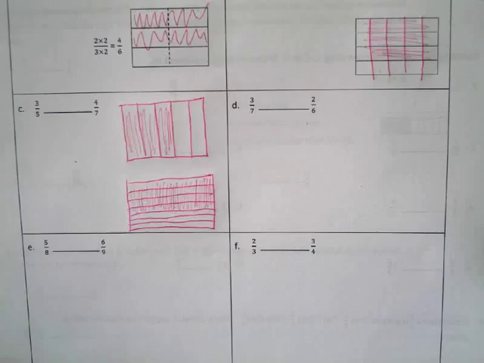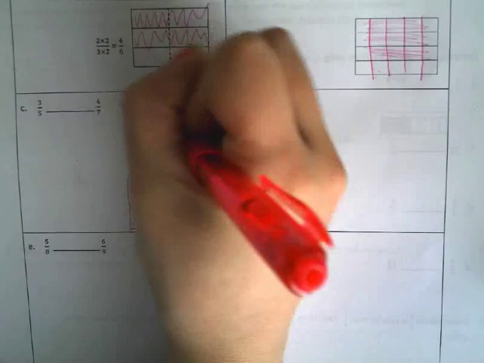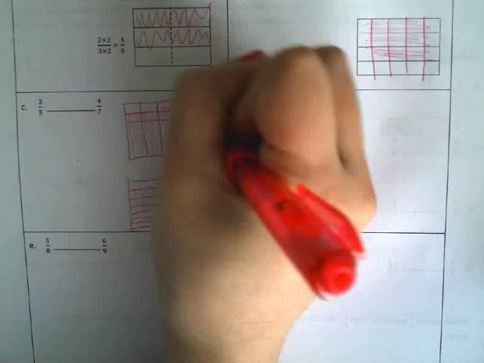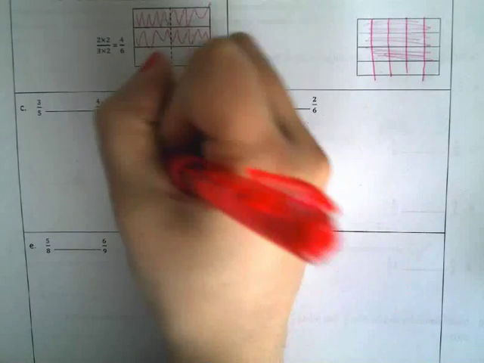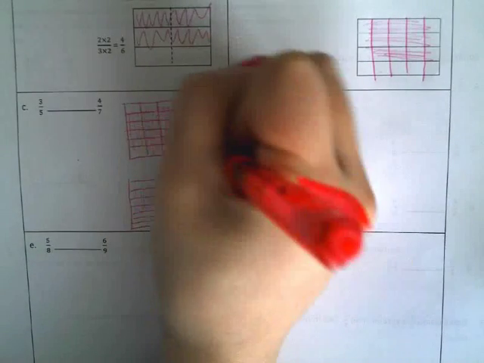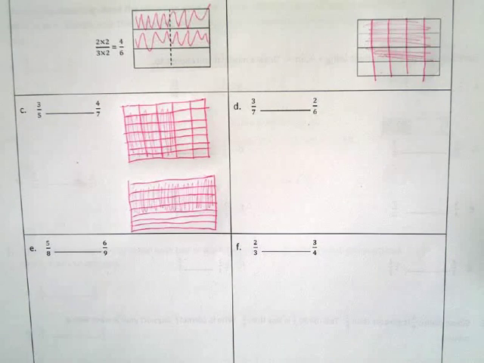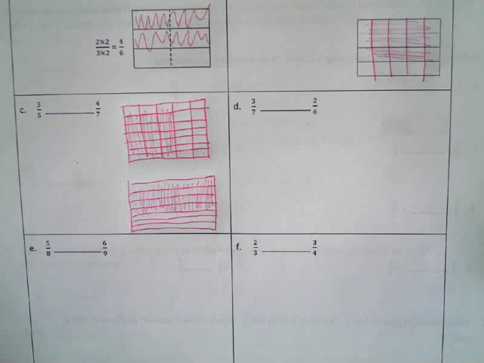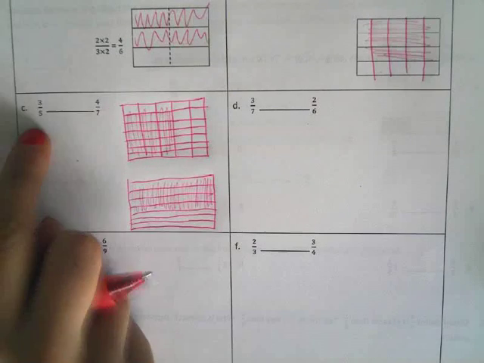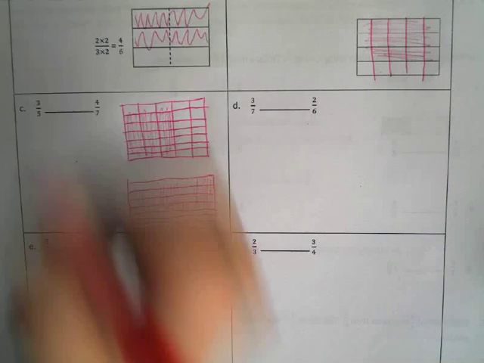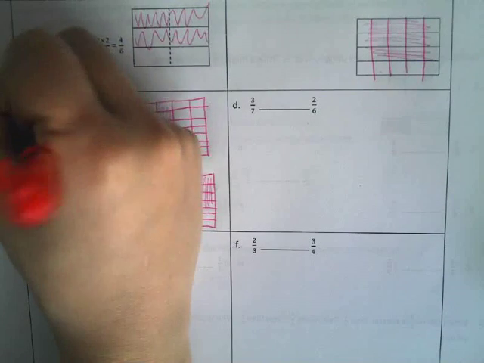I'll split the 3/5 into 7. Yep, I'm going to split it in 7. It's going the opposite way. 1, 2. So how many pieces do I have all together now? To find out, you just have to multiply those two numbers. What's 5 times 7? 35. 35. And how many of my 35 are shaded in?